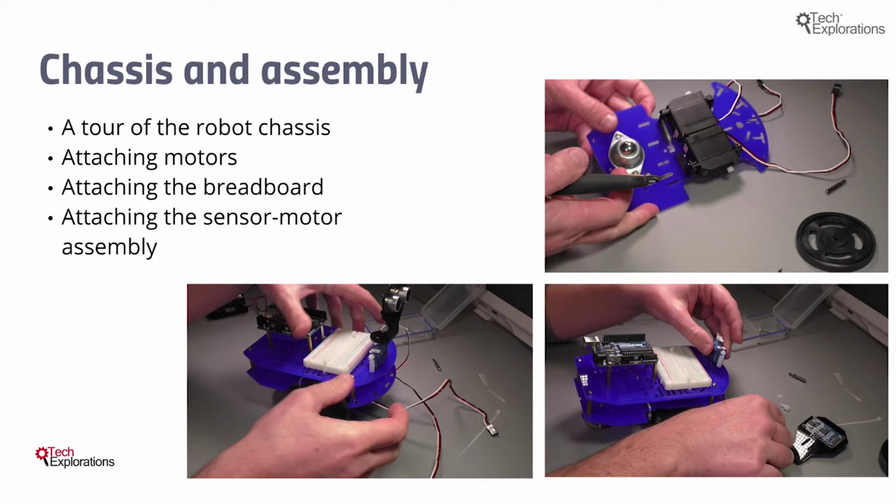So we're going to take a little bit of time to talk about the chassis. Then we'll start the process of assembling it by starting with the motors and then moving on to things like the breadboard and the Arduino itself and the sensor motor assembly and so on, until eventually we have the physical parts that make up the robot all assembled.